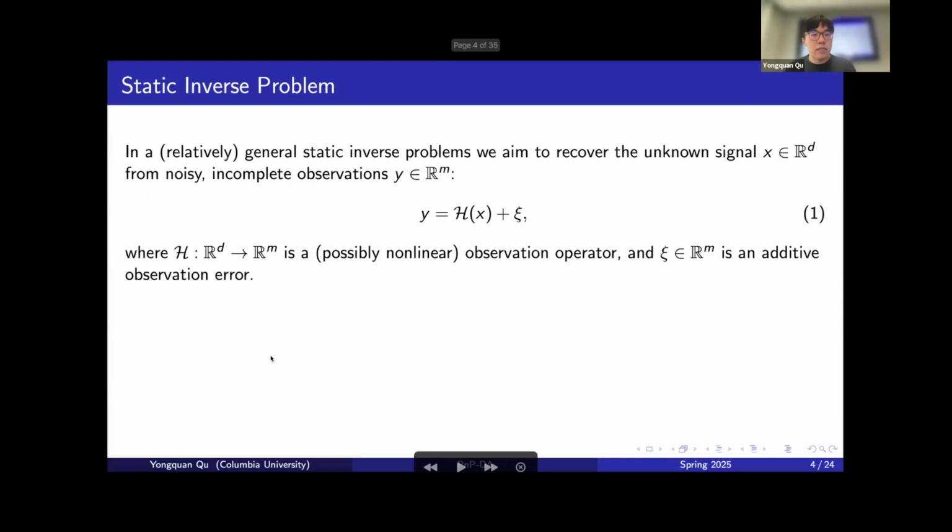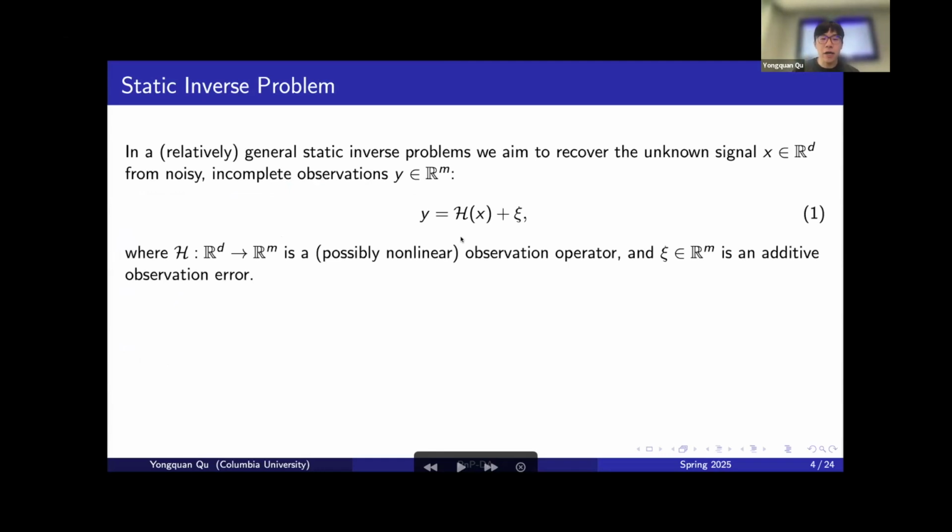First, let's talk about a static inverse problem. In a relatively general setting, in inverse problems, we aim to recover some unknown signal X from noisy and incomplete observations generated through this observation process, or people say degradation process, or in the machine learning community a forward process, but we won't be using forward here.